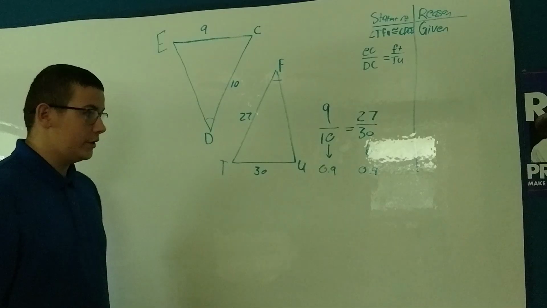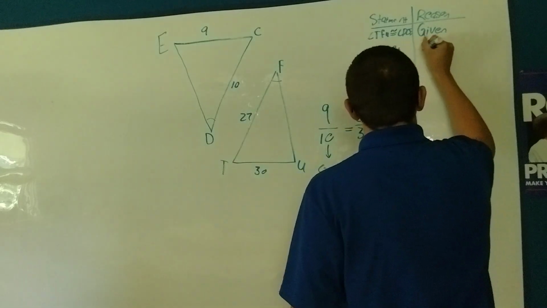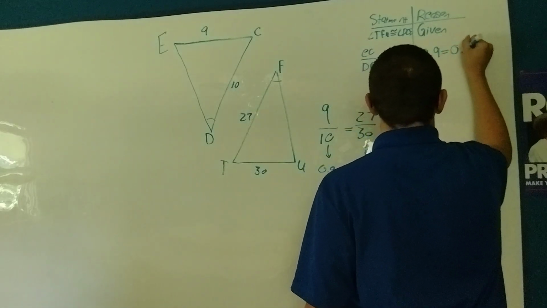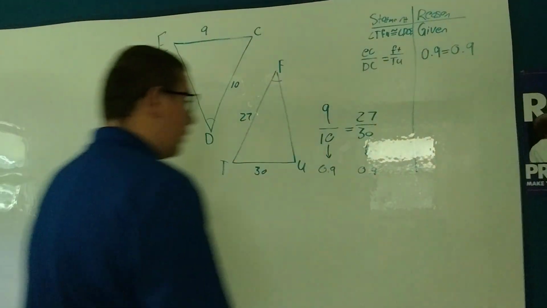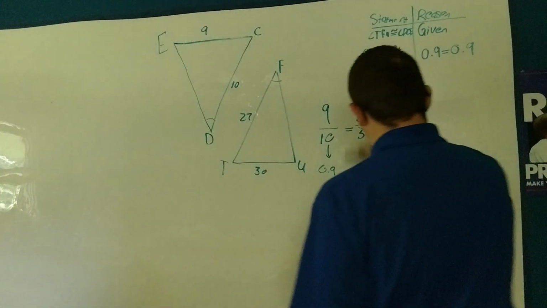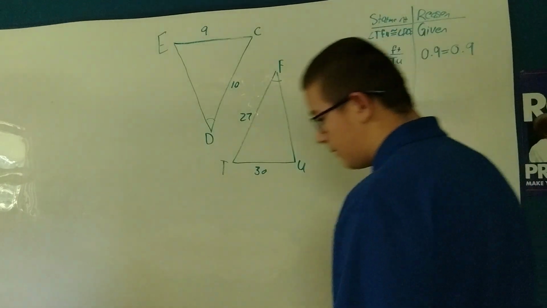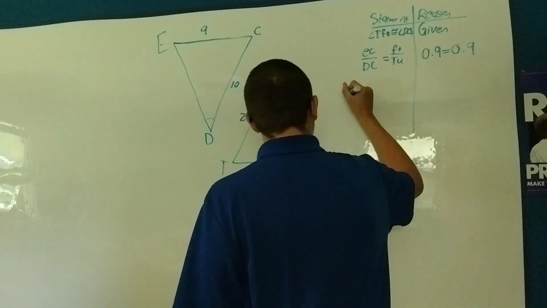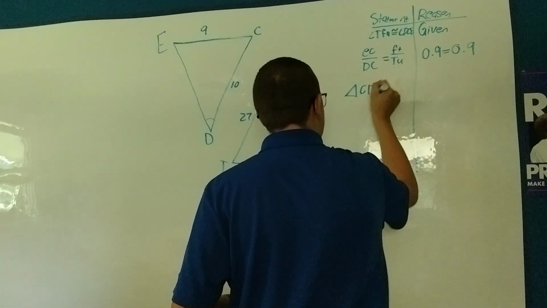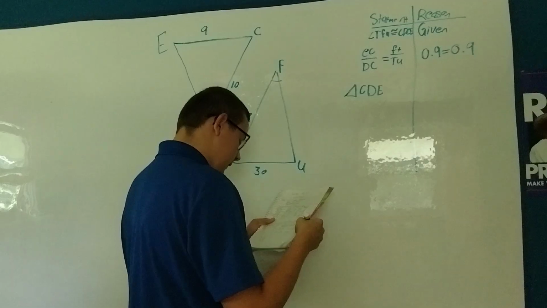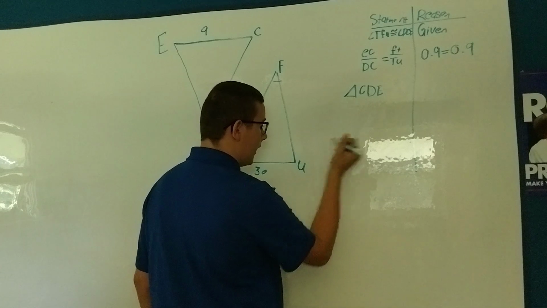So we know that they're equal to each other, right? So we can write here 0.9 equals 0.9 like that. And then from there we have all the information we need to say that this is side angle side similarity, right? We can say that triangle CDE is similar to, and the similar to is unlike the congruency where it's an equal sign and then a squiggle over top.